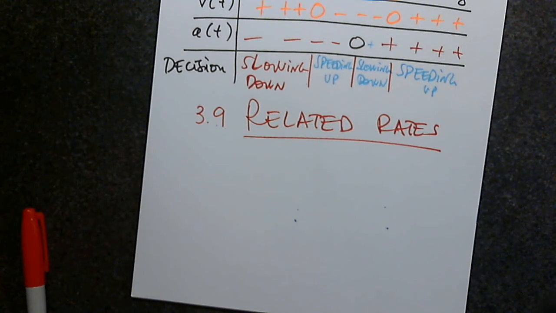Number two, if we cannot create an equation that connects these rates for the variables in the problem, in this case, in my example, the surface area or the volume and the radius, I have to create an equation that has in it the radius and the volume, then I will not be able to determine how they relate to each other.